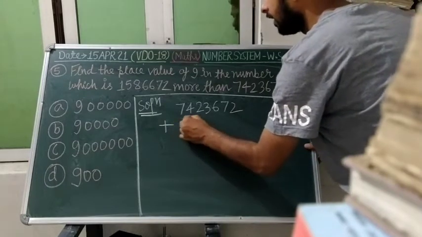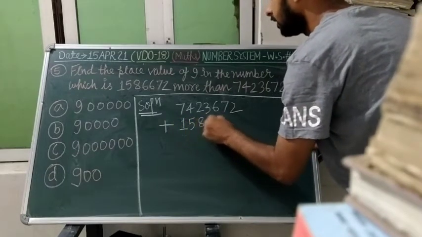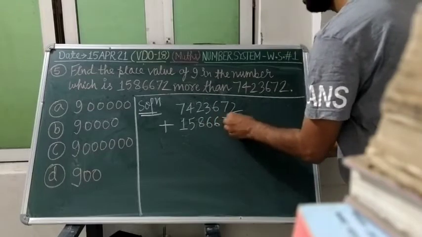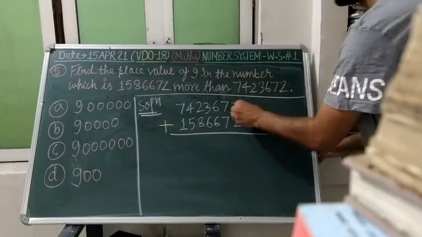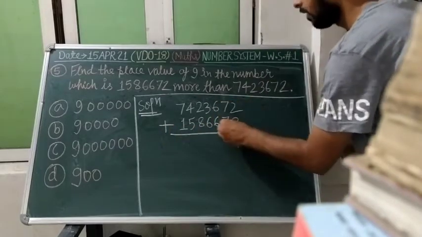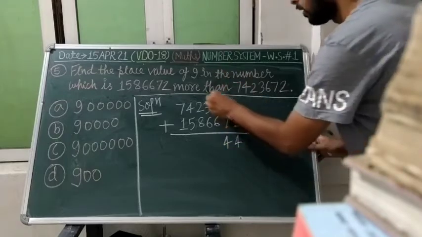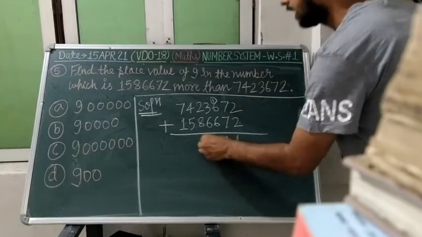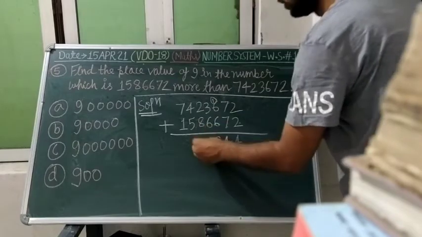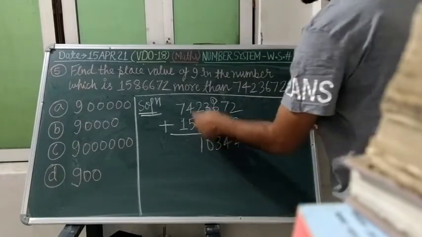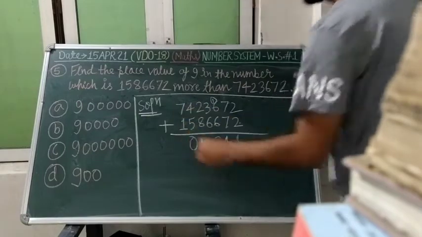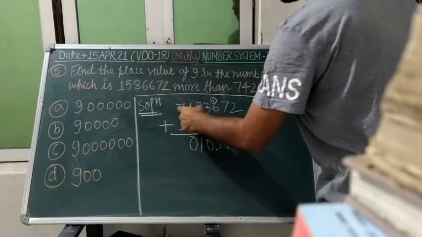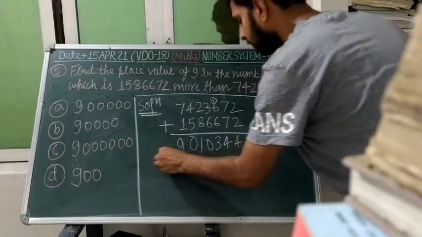So 2 plus 7 is 9, 7 plus 6 is 13, 1 carry, 6 plus 6 is 12, 1 carry, 3 plus 8 is 11, 1 carry, 2 plus 5 is 7, 7 plus 1 is 8, and 4 plus 1 is 5, and so on.